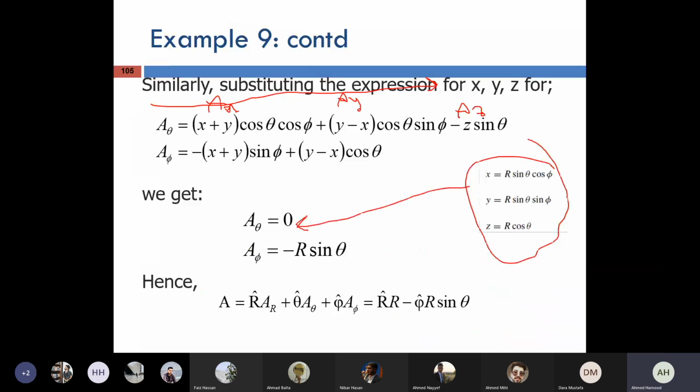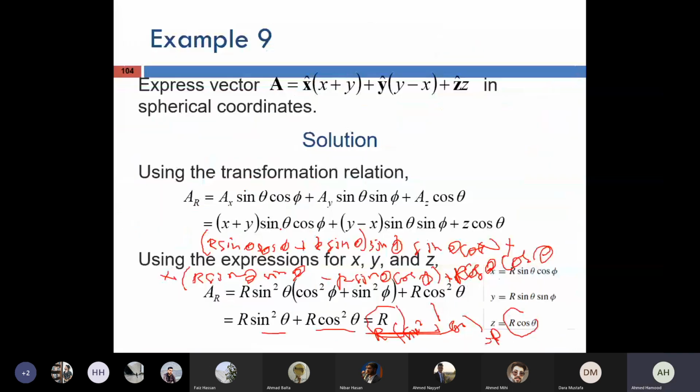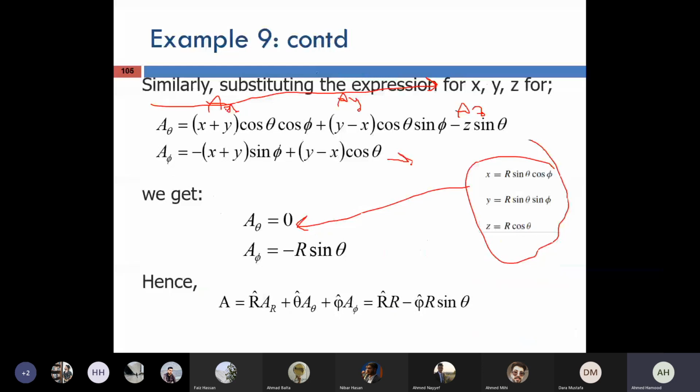Then you do the third one, E phi, which is the last one. When you do the last one, you have X, you have Y, and here again you have Y and X. So once you do it, you will get negative R sine phi.